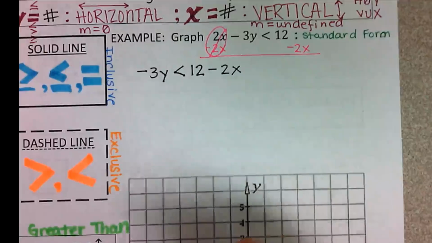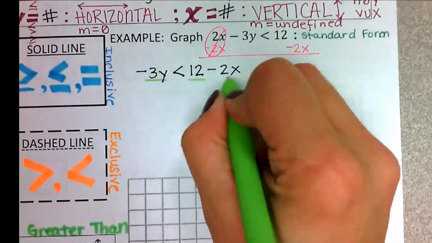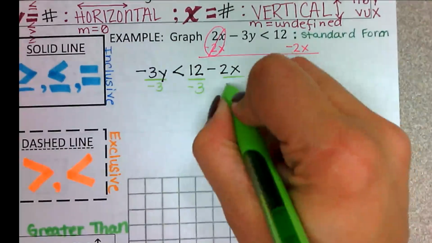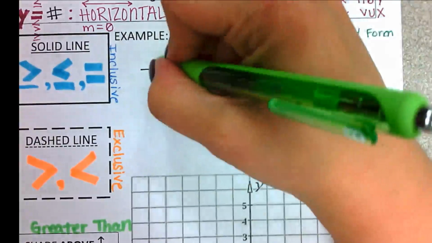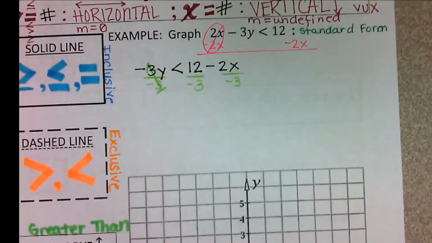And then, obviously, divide by y's coefficient, which is negative 3. Now, remember, whenever you divide, you're going to divide everything across the board. Although, something interesting happens here. Obviously, this over here would reduce to 1.